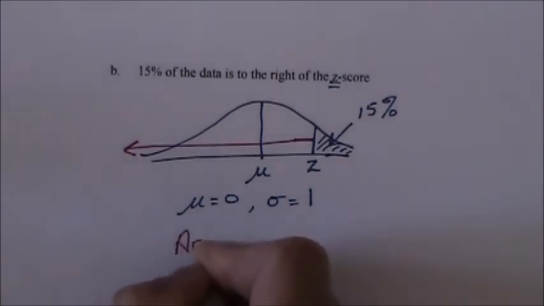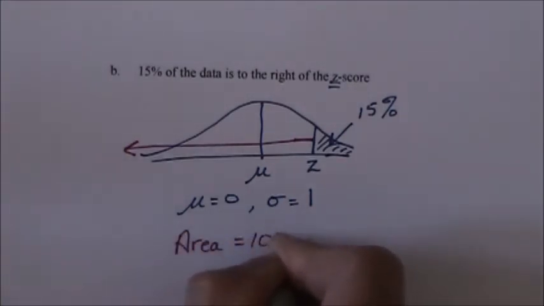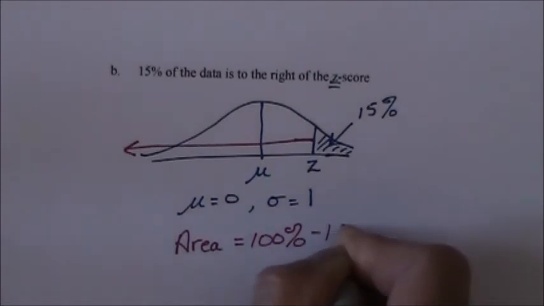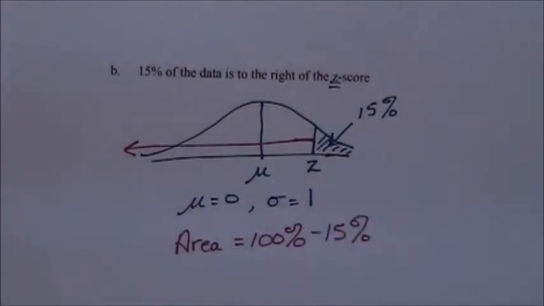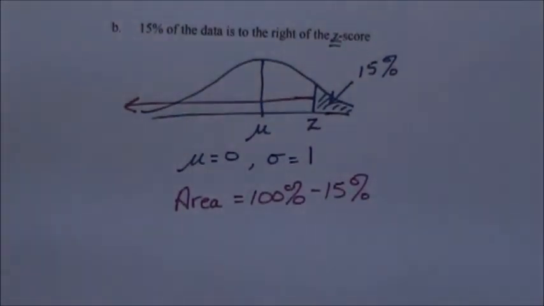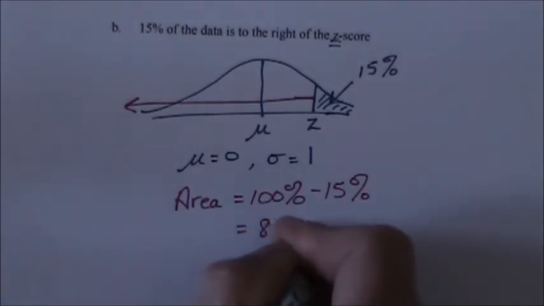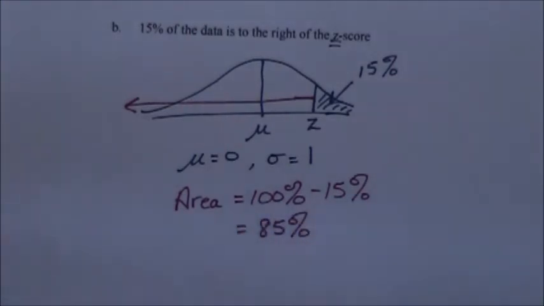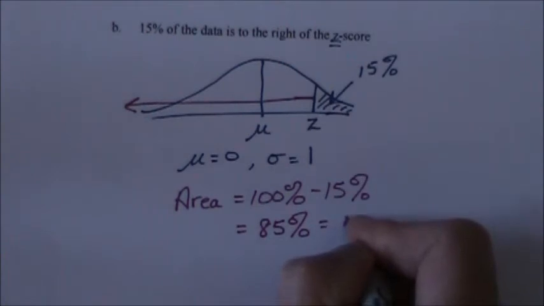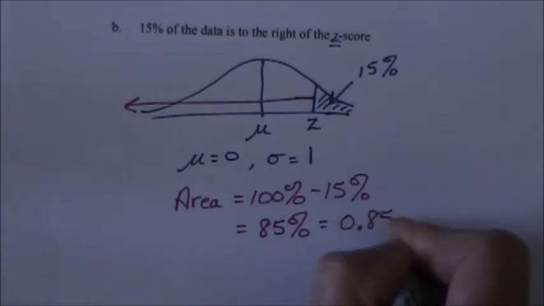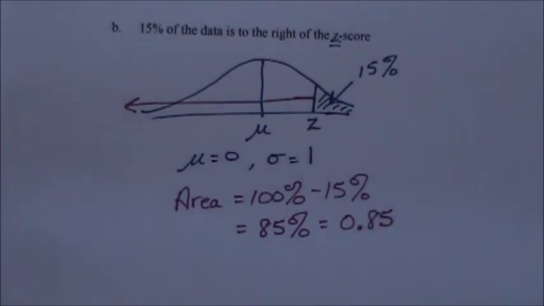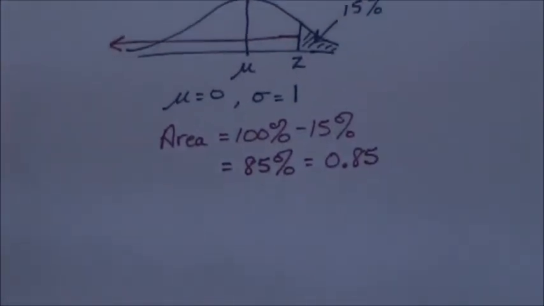So we're looking at our area is equal to 100% minus the 15%. And as we go to do that, we're looking at 85% for our area. Divided by 100 gets us 0.85. So that is the value we are going to use with our inverse norm.